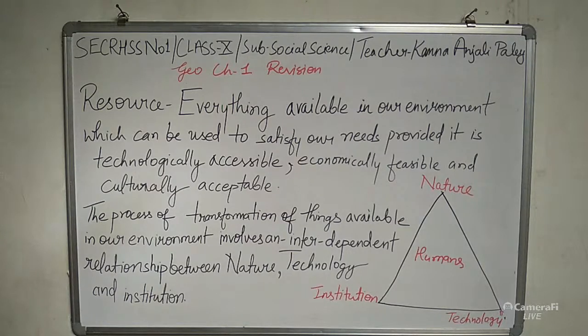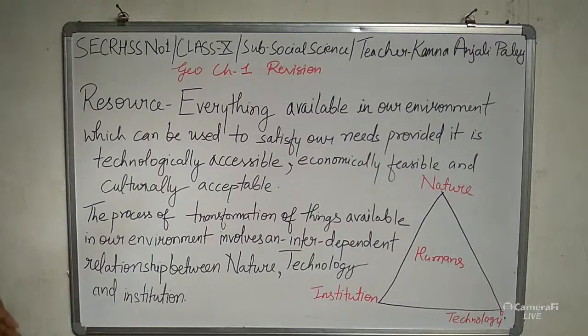Like electricity, to generate electricity, we are using water resources. Dams have been made on the rivers, and in the dams, various technology has been used to convert that hydel energy into electricity.